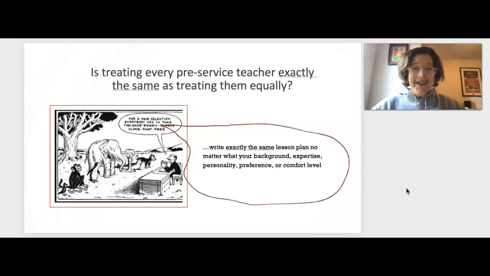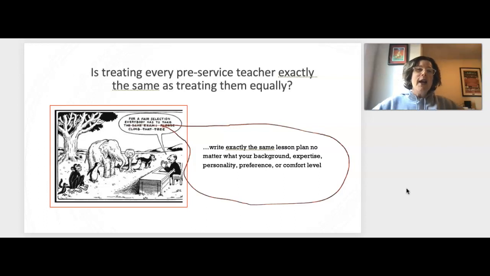Okay, so is treating every pre-service teacher exactly the same as treating them equally? I know that you've seen this standardized test cartoon, and I think that it's apropos for now as well. So for a fair selection, everybody has to write exactly the same lesson plan, no matter what your background, expertise, personality, preference, or comfort level.